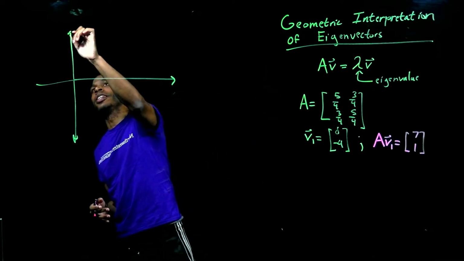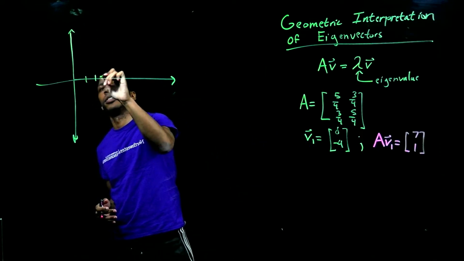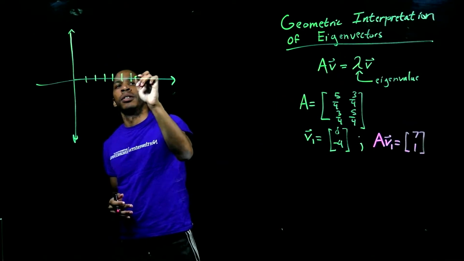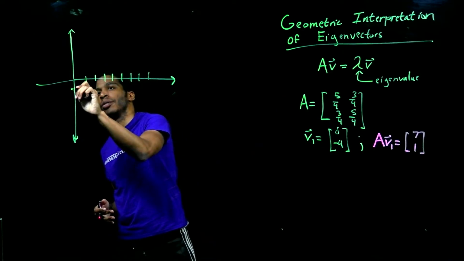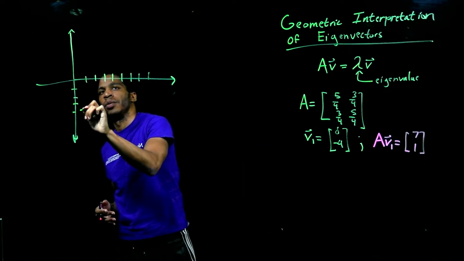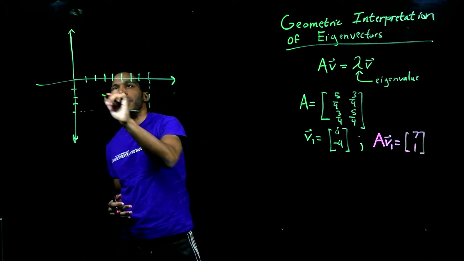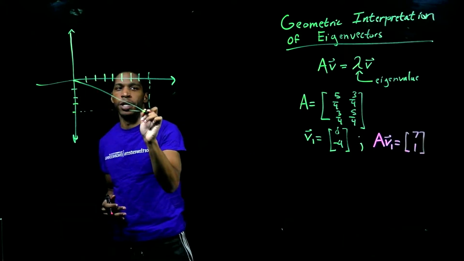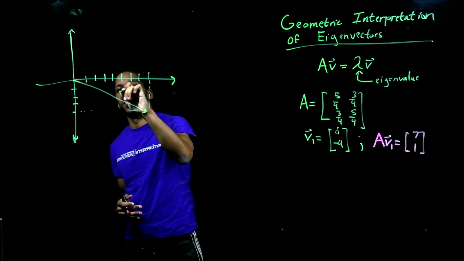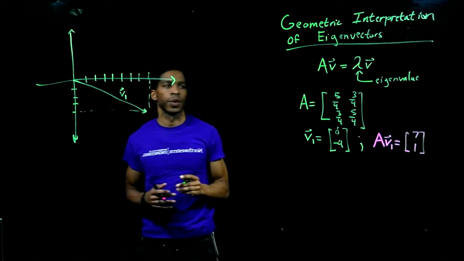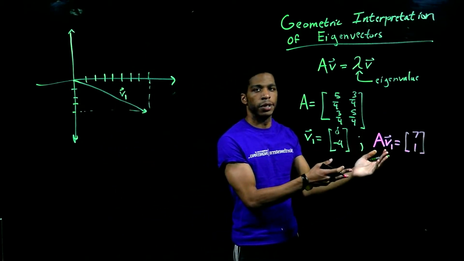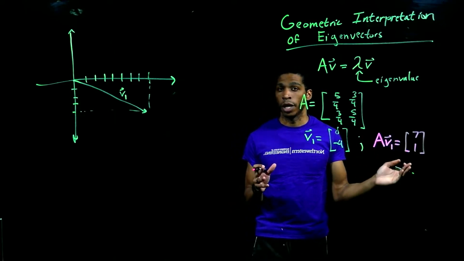So that means we need to go over 8 and down 4, and V1 will point to that point. AV1 is 7, 1.